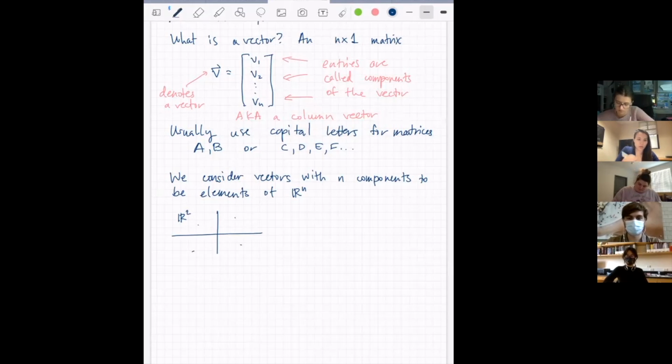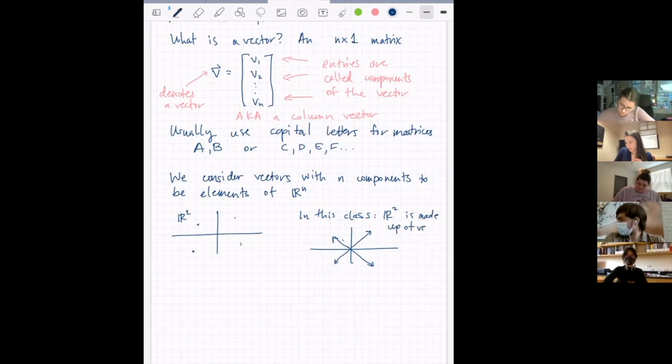Okay, so instead of just having points like this, so I've drawn some points on here. In this class, instead we'll consider this to be made up of vectors. And so we'll have for each of those points a vector reaching from the origin to that point, right? R2 is made up of vectors, right? Okay.